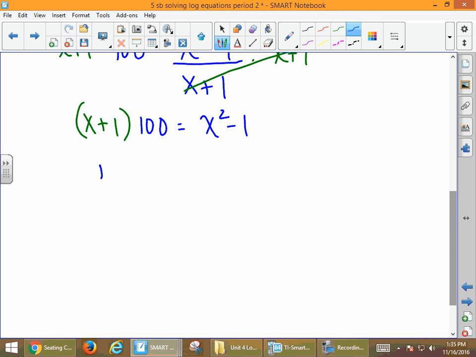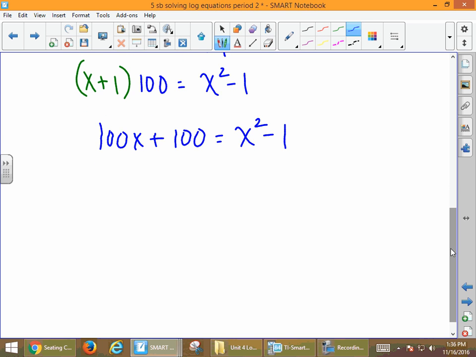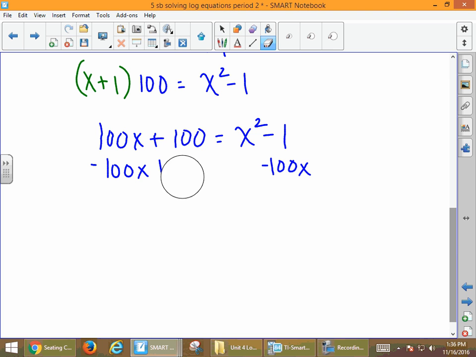So we're going to get 100x plus 100 when we distribute equals x squared minus 1. But we want to write this in a format where we can actually factor this problem. So let's subtract 100x from both sides. And not only that, but let's subtract 100 from both sides.